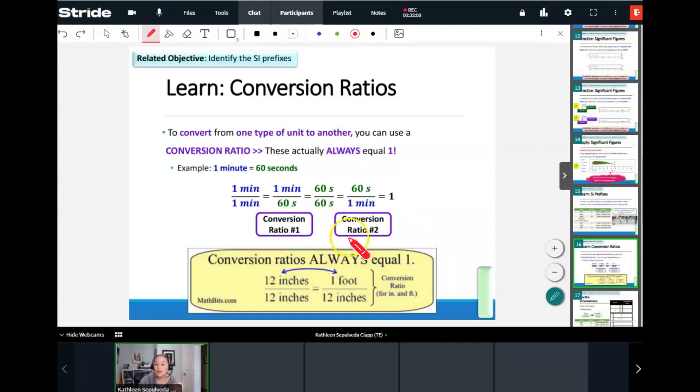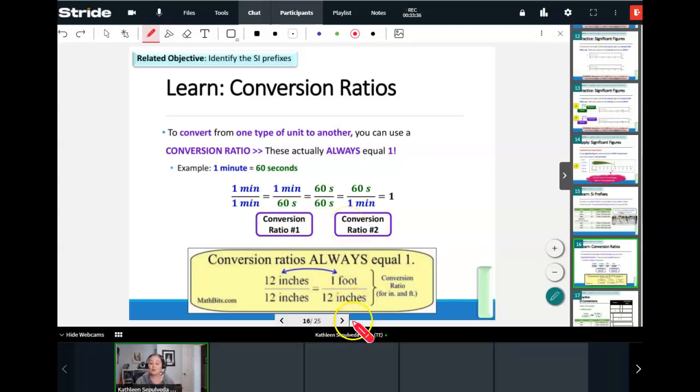Okay? But what's nice about conversion ratios, you can flip them and they mean the same thing. So I can put 1 minute over 60 seconds, 60 seconds over 1 minute, all equals 1, right? It all equals 1. So just to kind of give you a hint there. Usually we'll have to check to see what conversion ratio we need to use, if we need to use number 1 or number 2, but they're both the same thing.